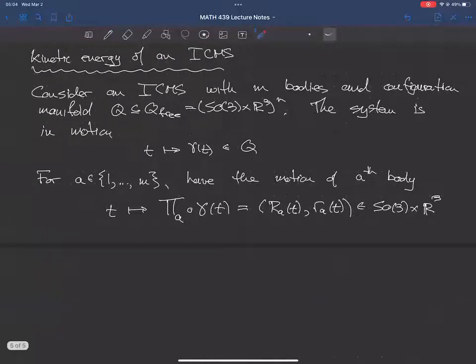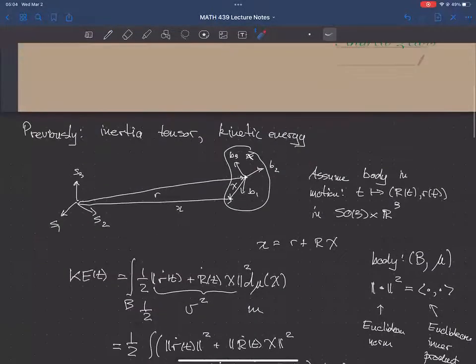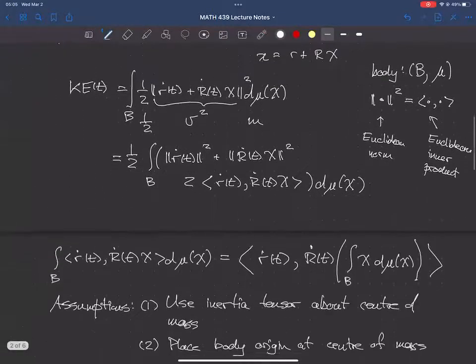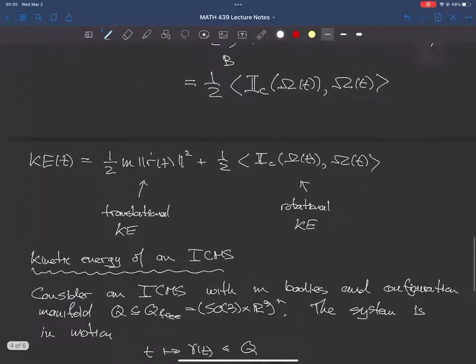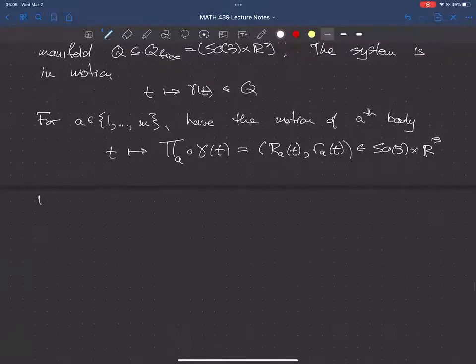The system being in motion puts each of the individual bodies in motion like this, so for each body we're back in the situation from the beginning. The kinetic energy is just m versions of the calculation that we just did, summing the kinetic energies of each of the bodies.